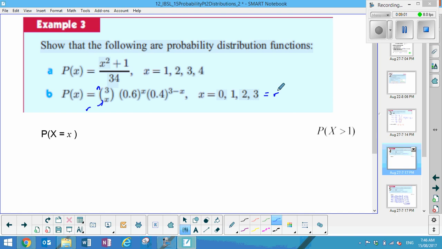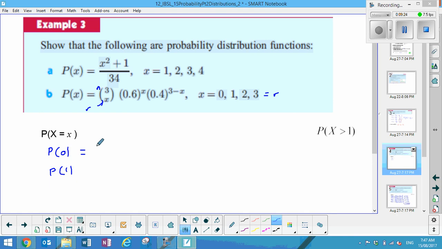All right? So that should be looking familiar. So if we want to show that this is a probability distribution function, then we want to calculate probability of 0, probability of 1, etc., and show that the probabilities all add up.